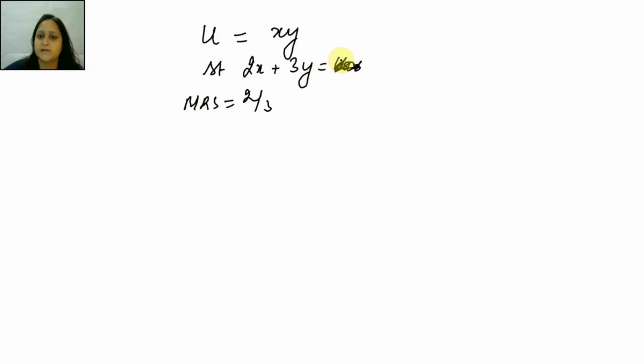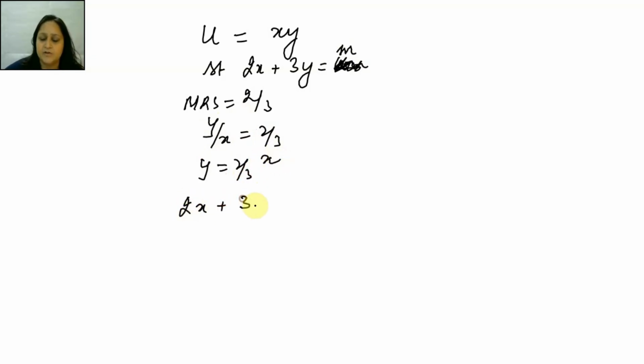Since हम homotheticity की बात कर रहे हैं, which is related to income offer curve, I will take it as M. So y by x is equal to 2 by 3. So y is equal to 2 by 3 x. So 2x plus 3y, 3y को can I write 2 by 3 x? Yes.